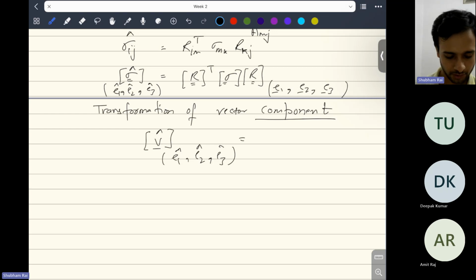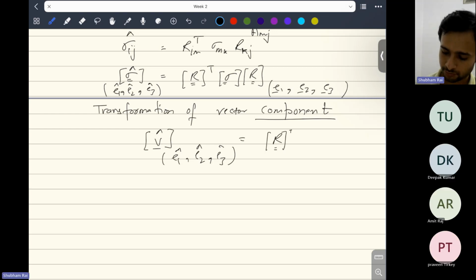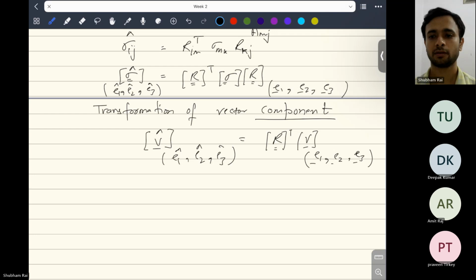That will be nothing but simply R transpose, the rotation matrix transpose, times the v vector in the E1, E2, E3 coordinate system. Okay, so that will be it.